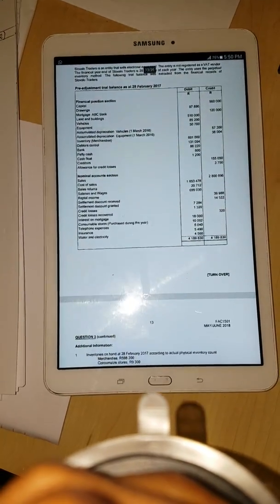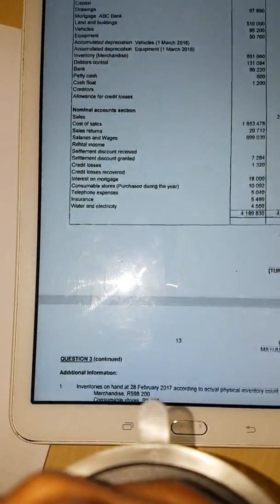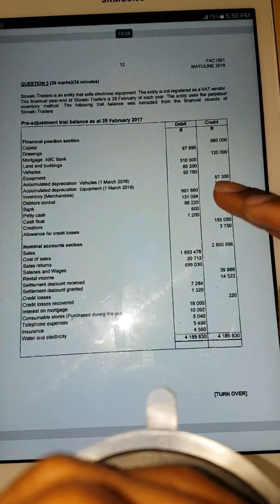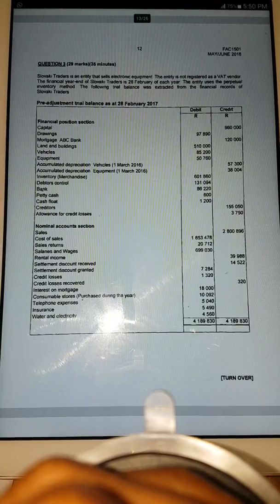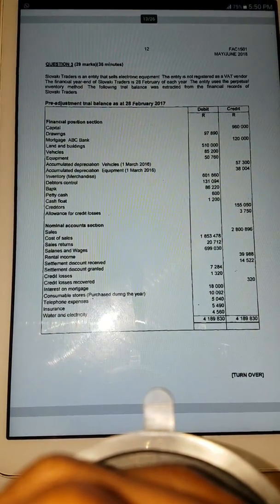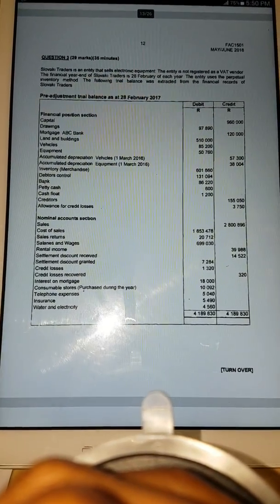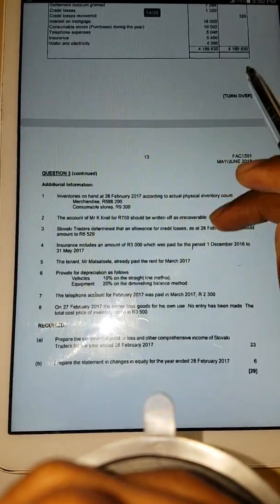Hello guys, now we're going to do May June 2018 question number 3, and question number 3 is about statements.